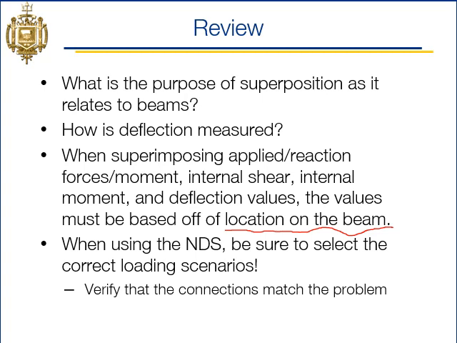So if you're adding deflections, those deflections have to be located at the same distance x from whichever the diagram tells you. So you can't just add the delta maxes together unless they correspond with the same location on the beam. Same thing with moment values or shear values, right? You have to make sure that the locations for the maximum values correlate, and if they don't, you just have to calculate the values for shear or moment at those selected points on the beam.